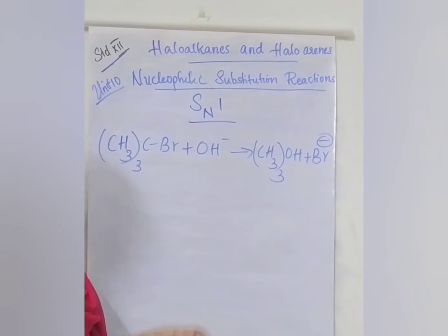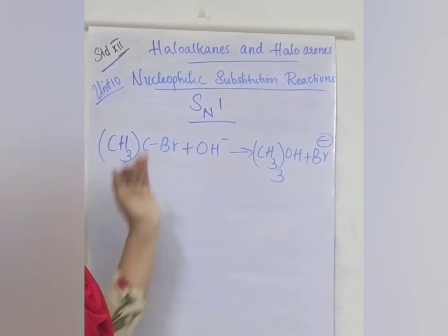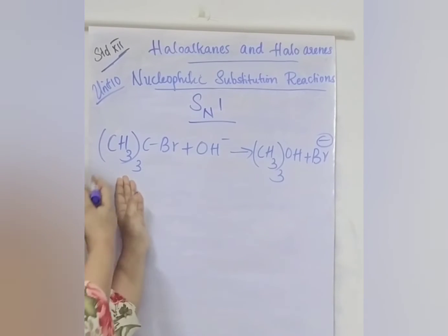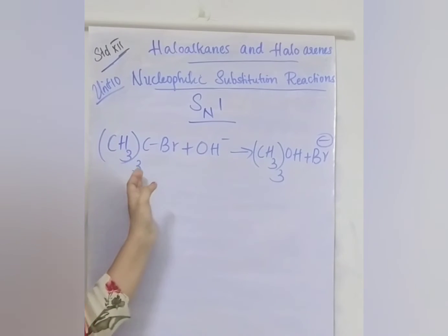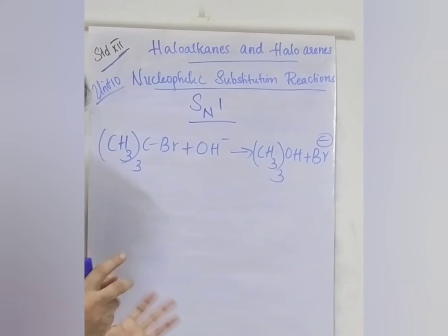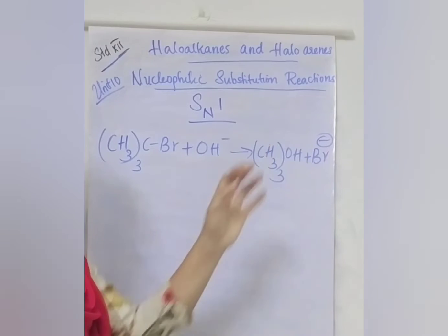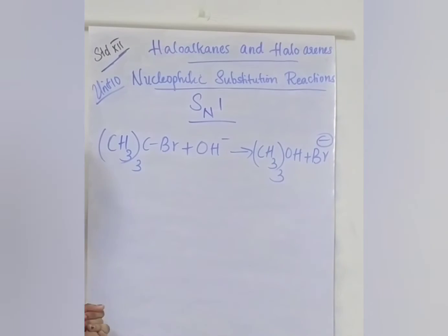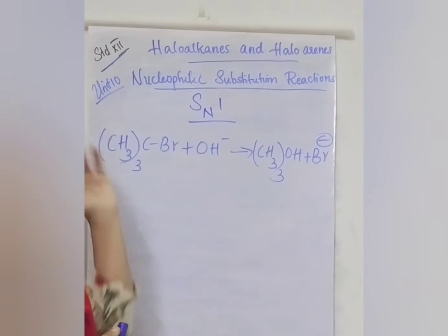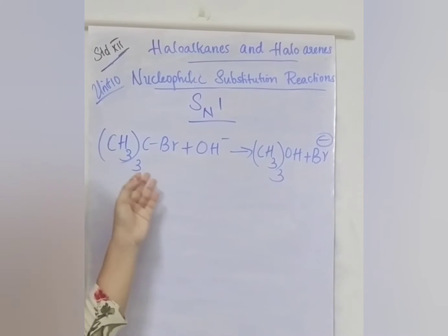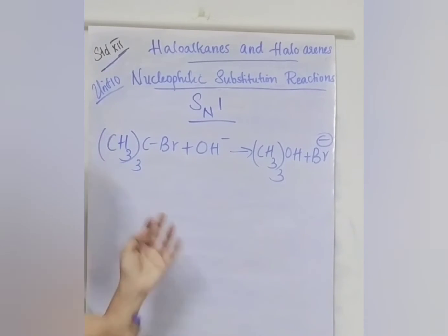Next is nucleophilic substitution reaction unimolecular, that is the SN1 mechanism. Now in the SN1 mechanism, we are taking tertiary butyl bromide. It reacts with OH minus, that is the nucleophile, and forms tertiary butyl alcohol and bromide ion. This follows first order kinetics because the rate depends on the concentration of only one reactant.